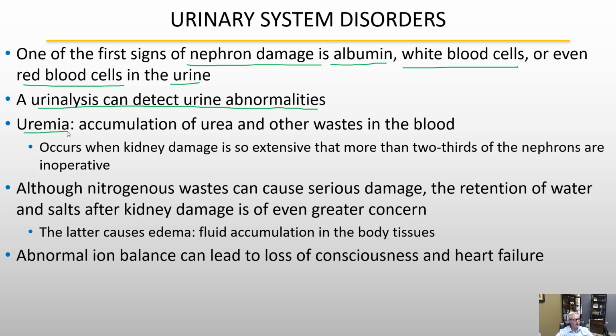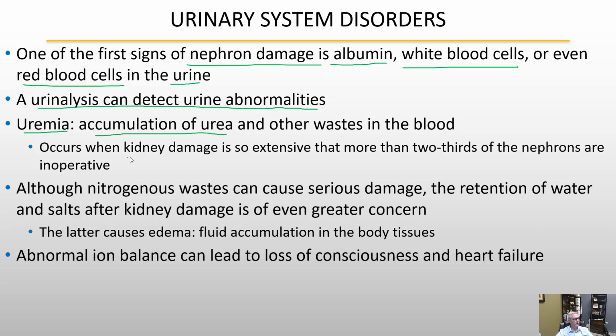And uremia is just basically an accumulation of urea and other waste products in the blood. So when we form urine, when we break down proteins and stuff like that, we form urea. So accumulation of urea and other waste products in the blood means that the kidneys aren't doing their job.